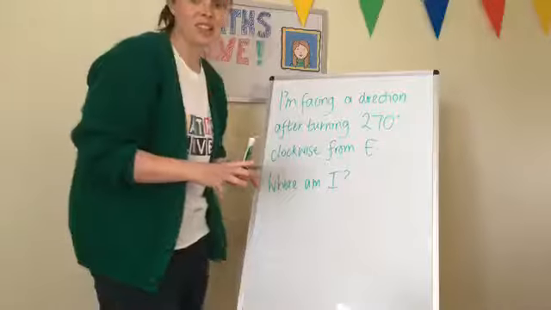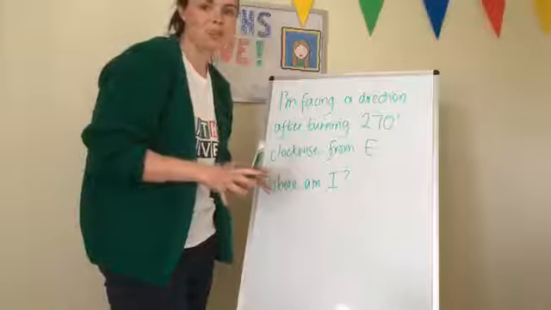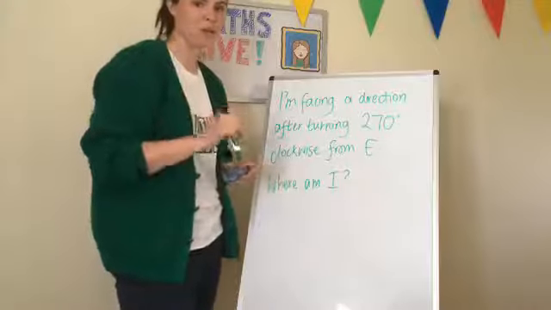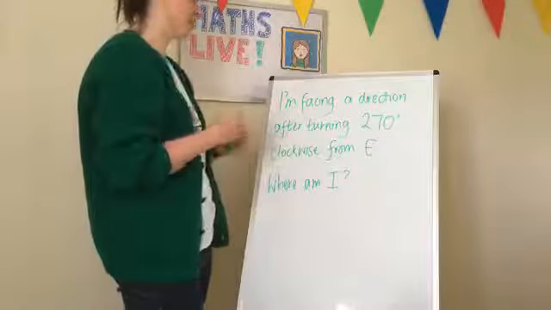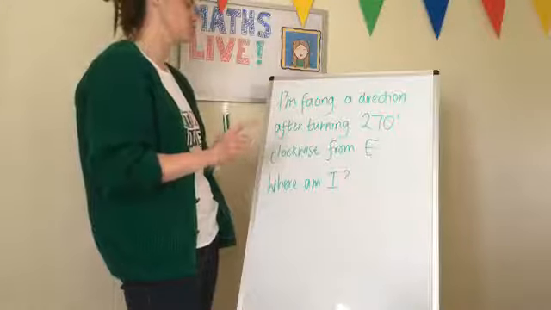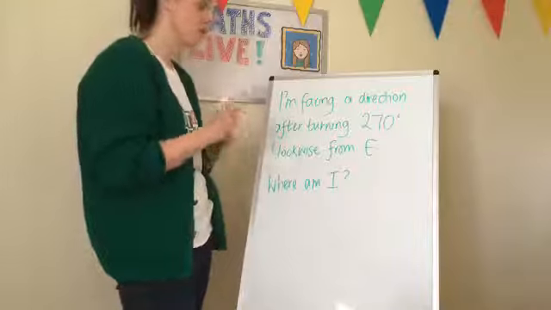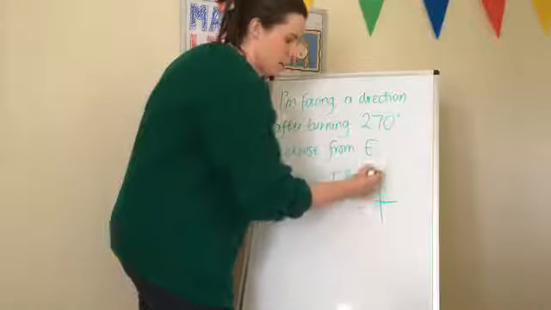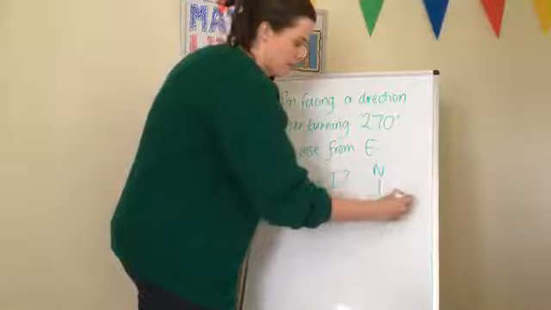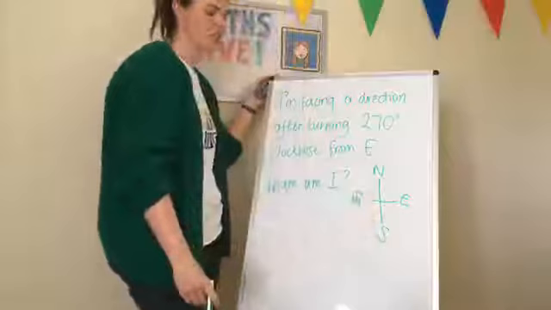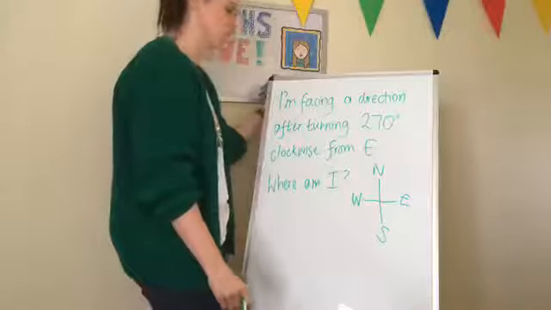There's some different answers coming in, so double check. Make sure, because there's a few people now with different answers. So you're facing a direction after turning 270 degrees clockwise from east. Okay, never eat soggy what's-its. I like that one too.